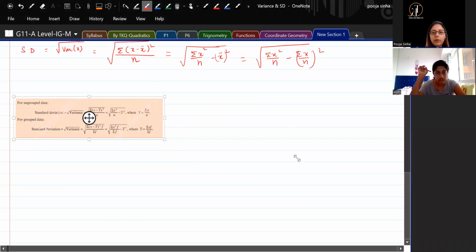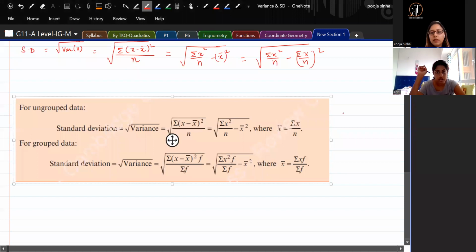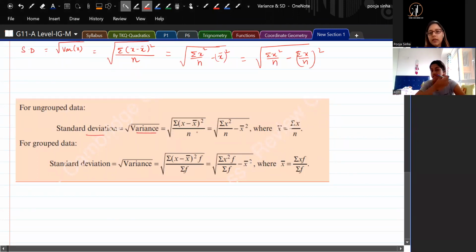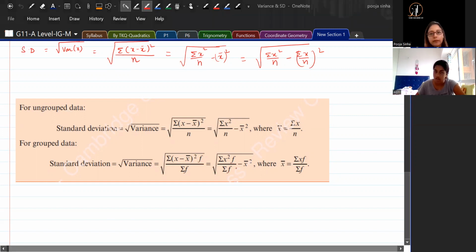Exactly. So group data के case में this is how it is going to be. Standard deviation is under root of variance. यहाँ पर अब frequency आ गई हमारे पास. So f into everything, right? Every time there is an x, it has an f along with it because we multiply the frequency. Correct? Yeah. Okay. Let me just write down for the group data.